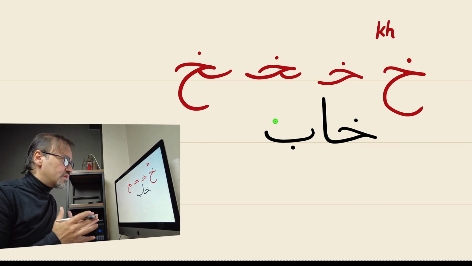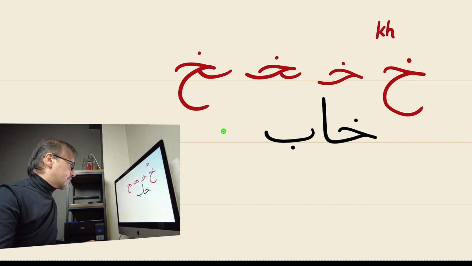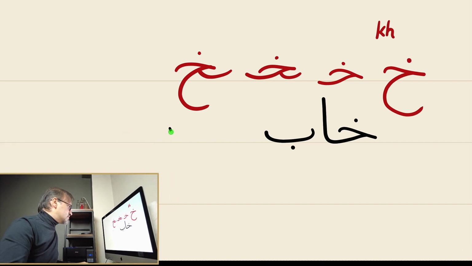Don't worry about the meaning right now. Remember what we want to do is learn how to read and write. For all the musicians out there, here's a famous composer. We have b, a, and the kh coming at the end. Who's this?